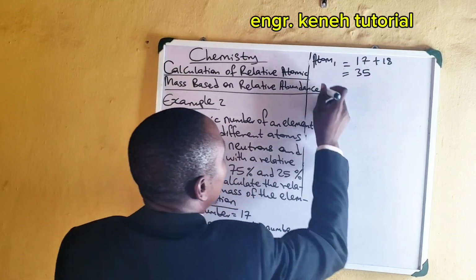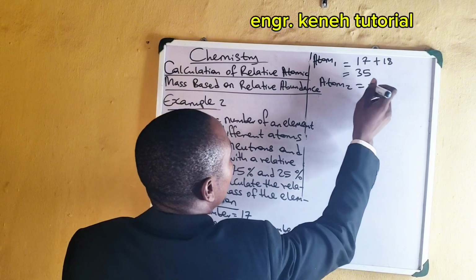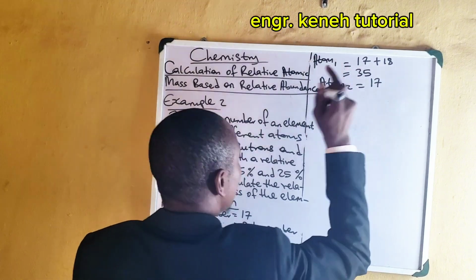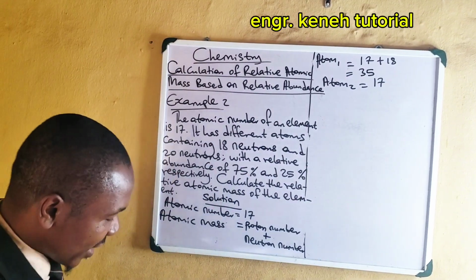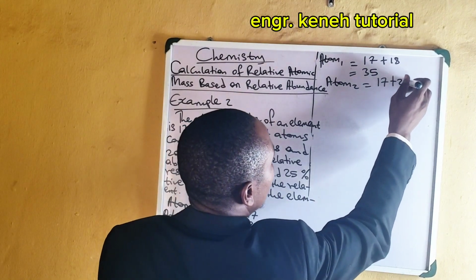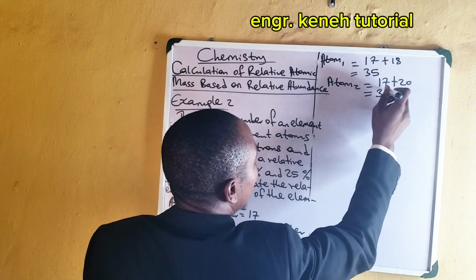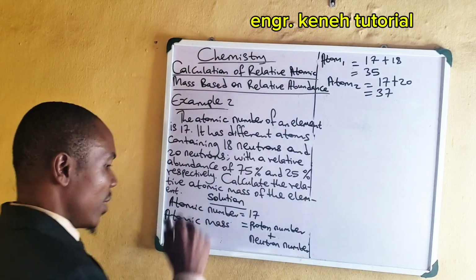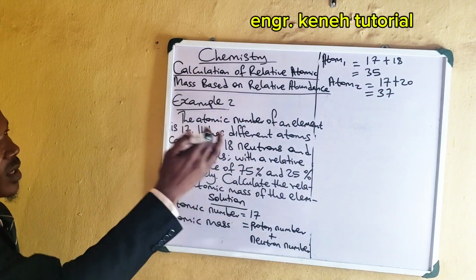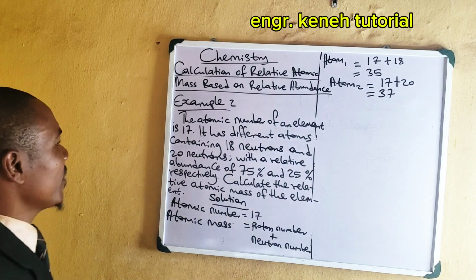Then we have atom 2. Atom 2, we have 17 because the proton numbers are the same. All right. Then the neutron number of this one is 20, which means 37. Can you see that? So the atomic masses are 35 and 37. Is it clear?